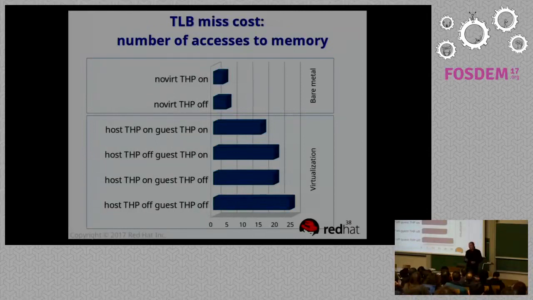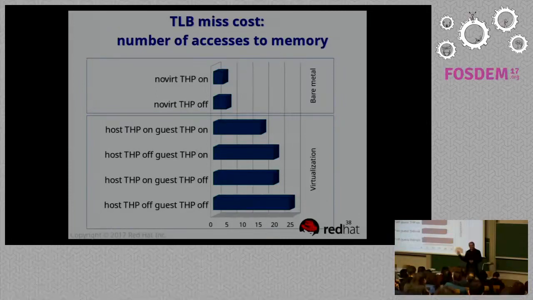And this is a chart showing why transparent Hugepages improve performance for the most part. There are a lot of reasons, but this is also showing why in a virtualization environment, it's going to make more difference to have transparent Hugepages enabled or not than on bare metal. This is the number of memory accesses the CPU has to do to reach the actual data, starting from the virtual address in your application, which is virtual, not physical.